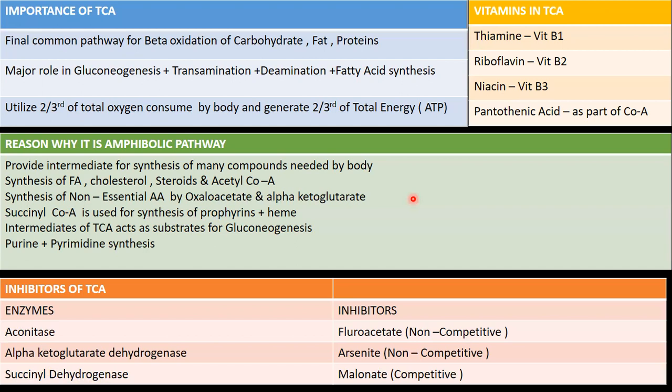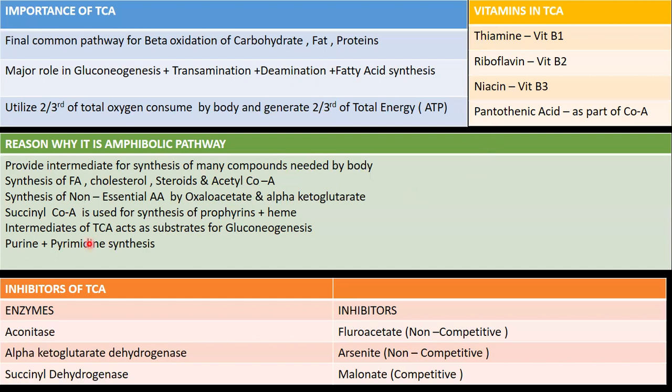You can say that the TCA cycle does not occur in red blood cells because they do not have mitochondria, so they cannot utilize oxygen. The TCA cycle is an aerobic process linked to the utilization of oxygen in the respiratory chain. As red blood cells cannot utilize oxygen, the TCA cycle cannot take place in RBCs. So there is no TCA cycle in the RBCs.